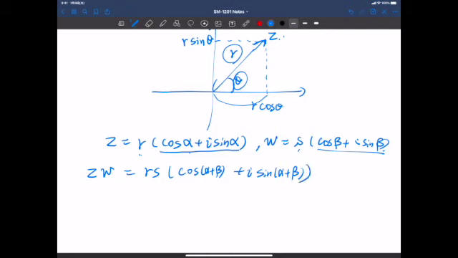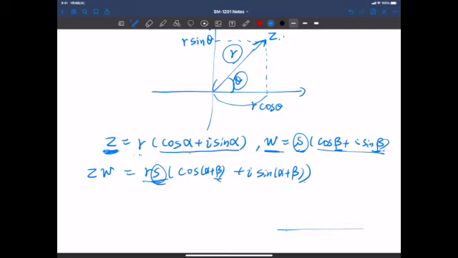So what does it mean? Multiplication, let's consider this in this way. So z is multiplied by w, and that effect of multiplication by w changes z in this way. So it is magnified by s, that's the modulus of w, and it rotates z by beta, that is the argument of w.